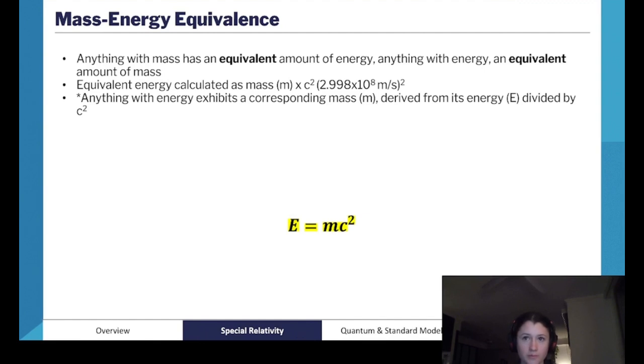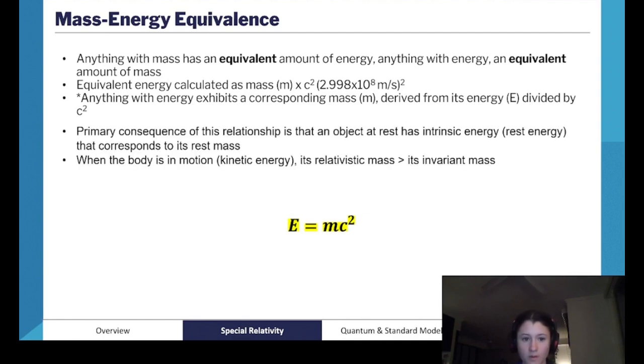We can use our formula E equals mc squared to determine the relationship between energy and mass. The primary consequence is that an object at rest has intrinsic energy, or rest energy, that corresponds to its rest mass.